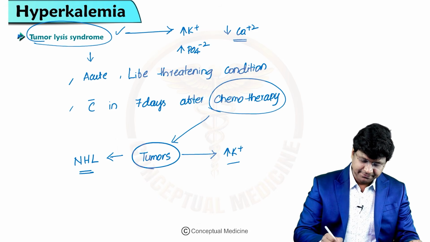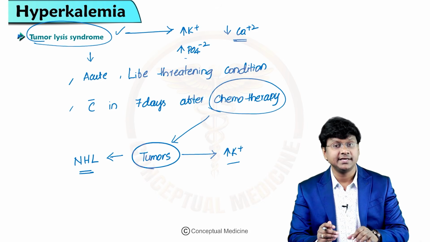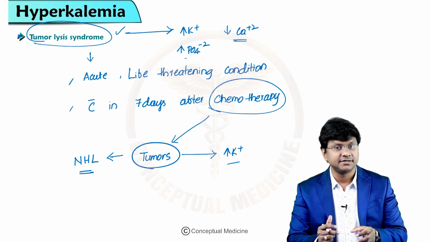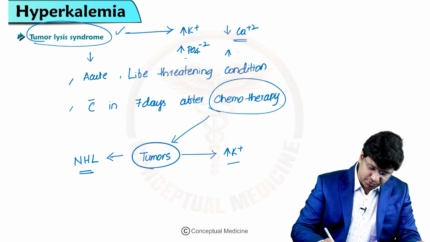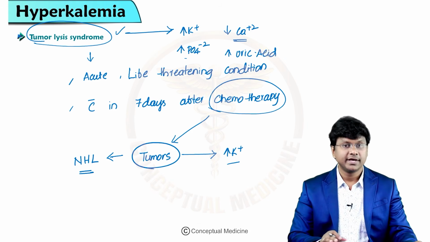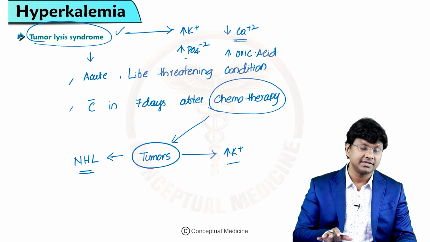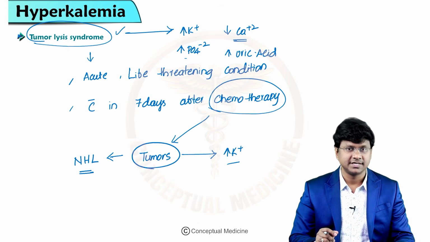Because calcium will combine with the phosphate, resulting in calcium phosphate precipitate, thereby the ionized calcium levels will reduce. And along with that, there will also be hyperuricemia. So these are all the electrolyte abnormalities you will come across in patients with tumor lysis syndrome.